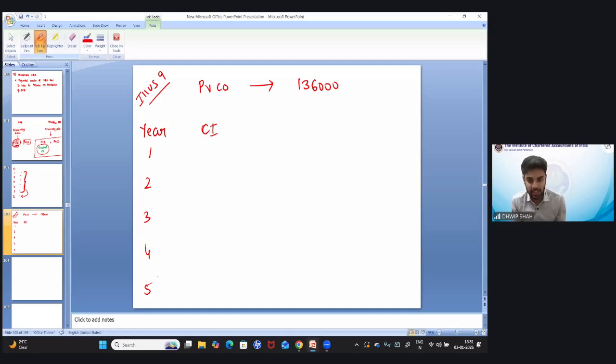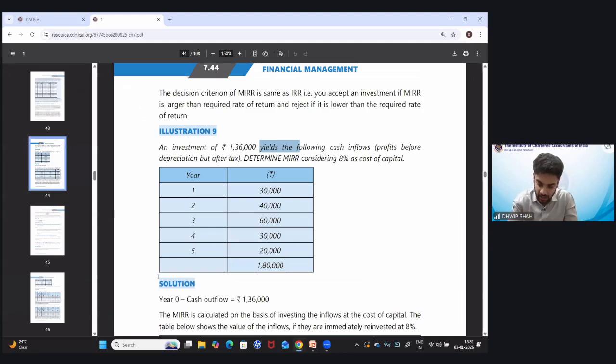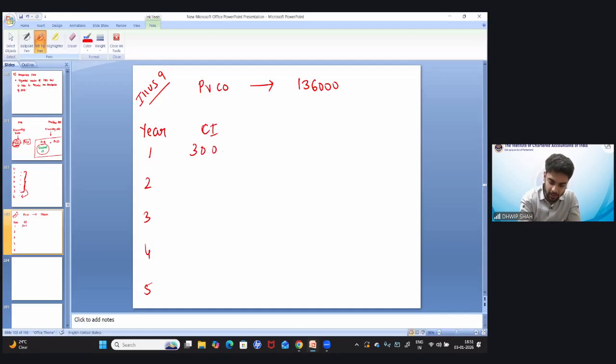So in other words, can I say my terminal point, last station, terminal station is 5th year. ठीक है. So year 1 में cash inflows कितना है? 30, 40, 60, 30, 20.